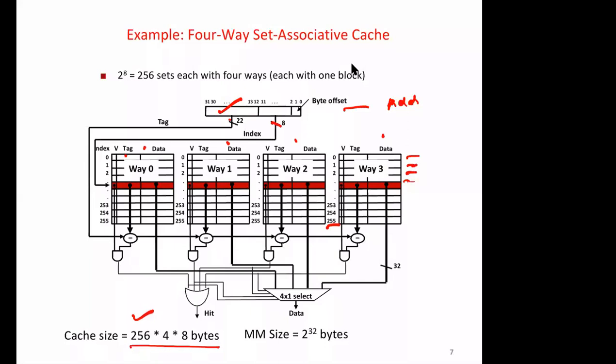So there are 256 sets, and the number of ways is four, or within a set there are four blocks, and each block has 8 bytes. You can find all this from the structure of the address. Of course, main memory size is 2 raised to the power 32. You can find this out by knowing the width of the address that's given to you. So please remember this way of calculation.